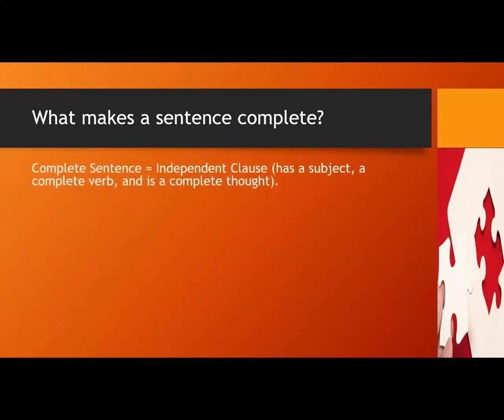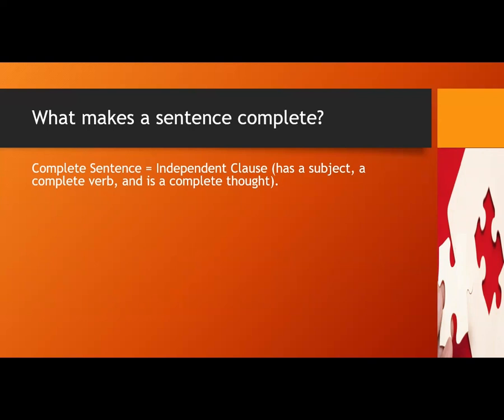An independent clause is a clause that can stand on its own. It's independent. It doesn't need any help to convey its meaning. This is in contrast to a dependent clause. A dependent clause cannot stand on its own. It requires a subject, a verb, and/or additional information to make it a complete sentence.